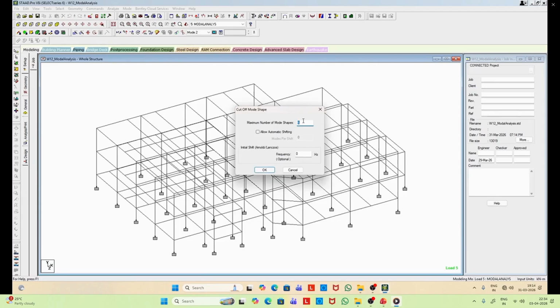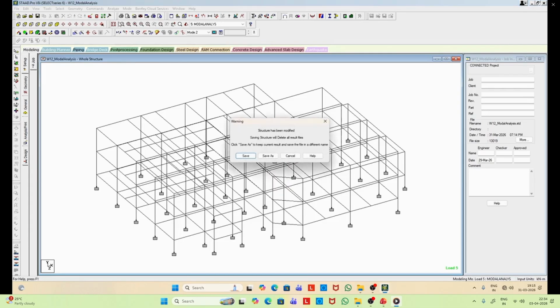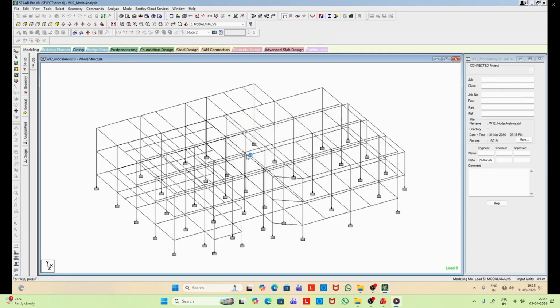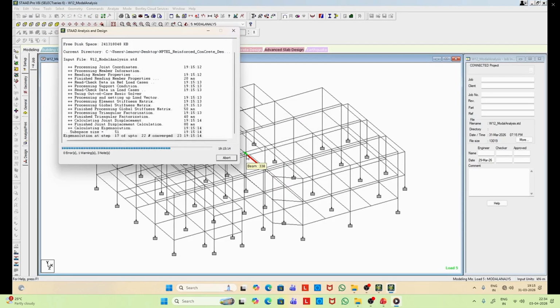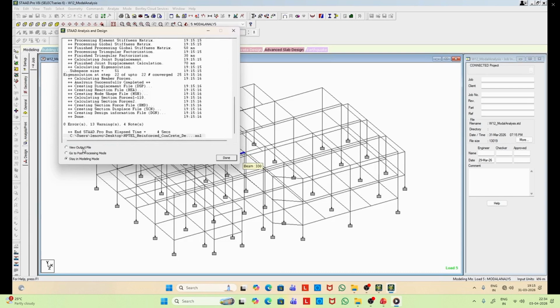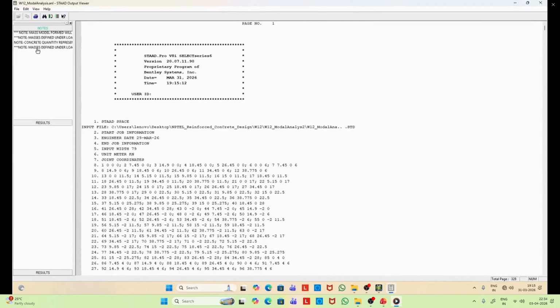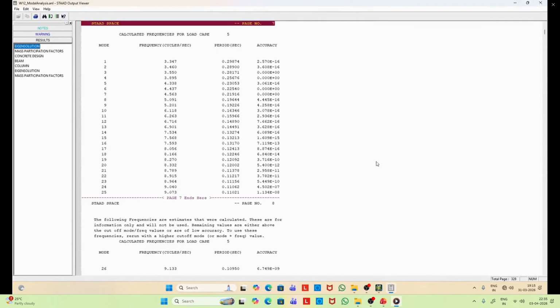So we can increase this number and redo the same exercise. That will give you more and more higher modes, as many as you need to cover the significant modal mass, which is normally 90 to 95%.